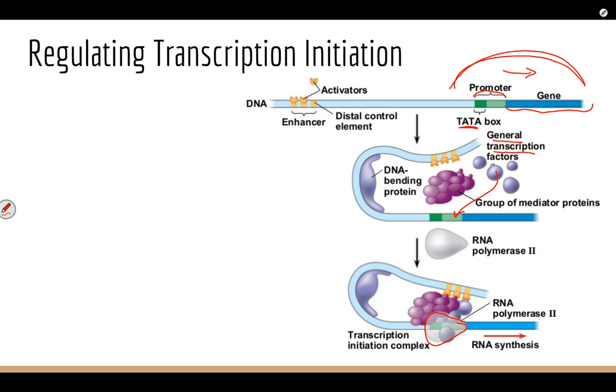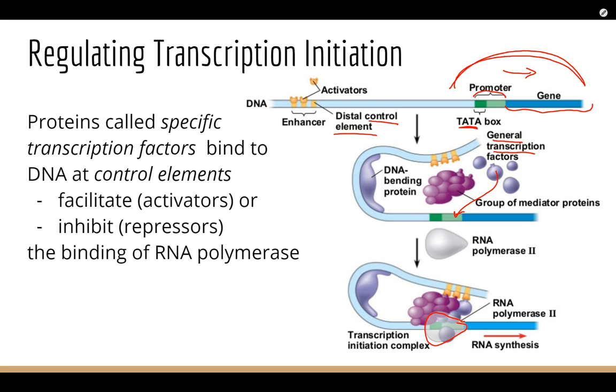There are a few pieces of the DNA here called control elements. Those are bits of DNA that don't actually code for a polypeptide, but you can think of them kind of like part of the genetic switches that turn this gene on and off.